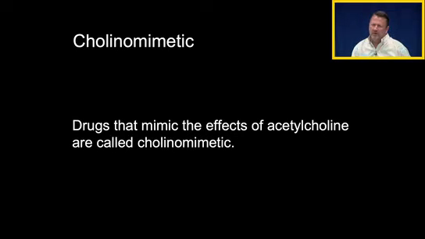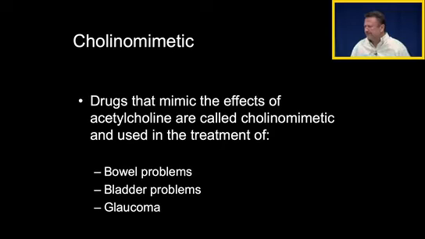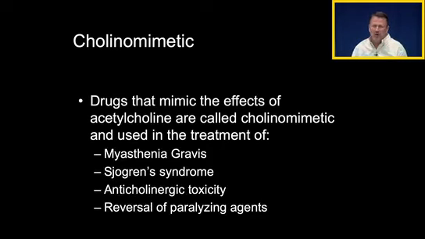All right, so drugs that mimic the effects of acetylcholine will be called cholinomimetic. If you come across that word, that's just a drug that mimics the effects of acetylcholine. Cholinomimetic drugs are used in the treatment of bowel problems, bladder problems, the eye disease glaucoma, myasthenia gravis, Sjogren syndrome, and anticholinergic toxicity.